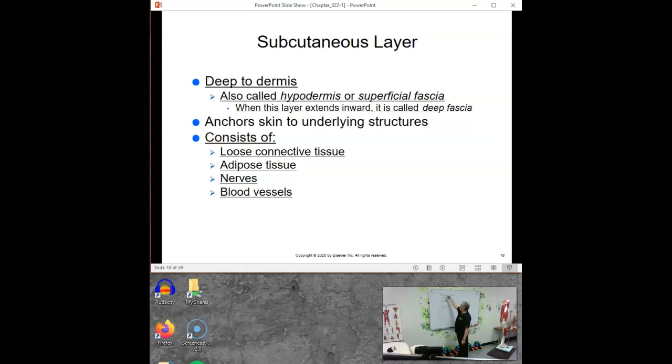Upon dermis or above dermis, underdermis. That is true. But we can also call this superficial fascia, because it is the bottom layer of skin, but it is the uppermost layer of fascia.